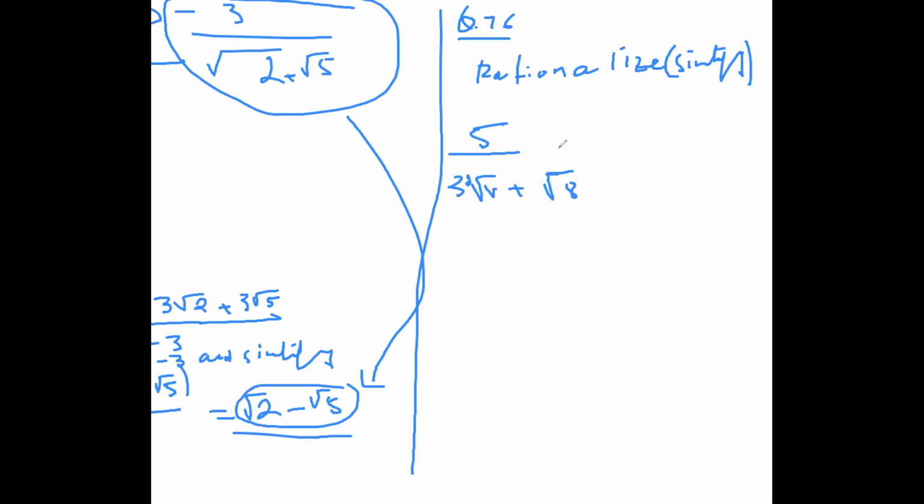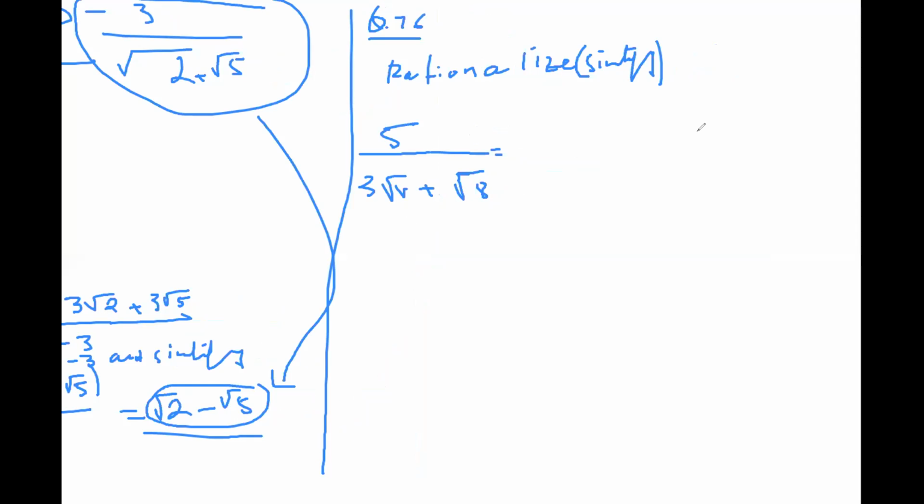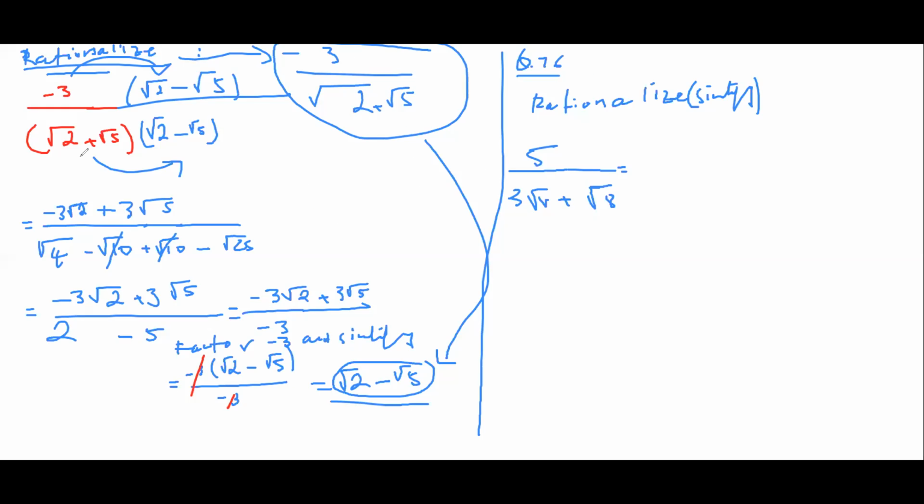Now, let's see how to do this. Again, the invisible index is 2. We don't have to write it when it's 2. So how do you rationalize this fraction again? What do we need to do? What's 5 by the conjugate? That's right. Just like with the previous example, we multiply by the conjugate, basically the same thing, by changing the sign.